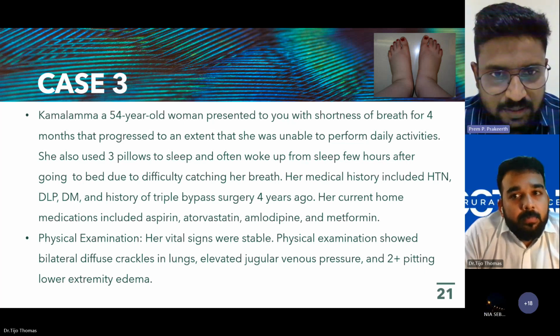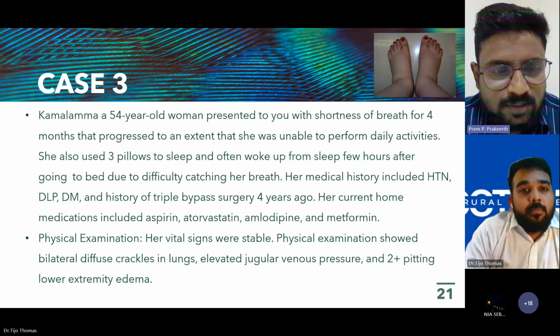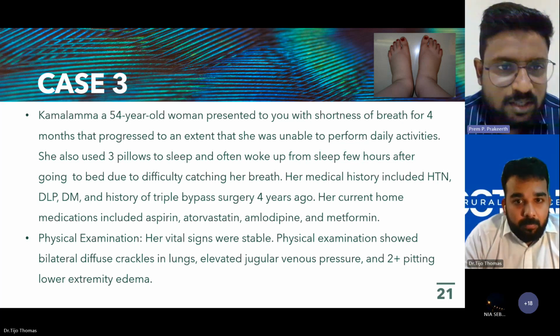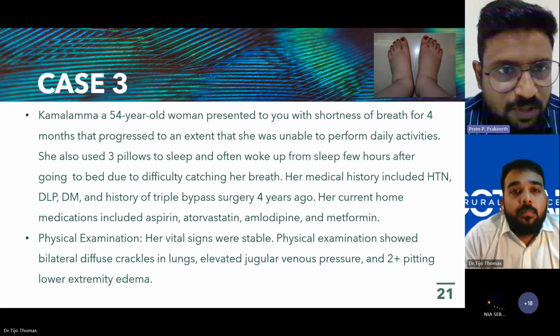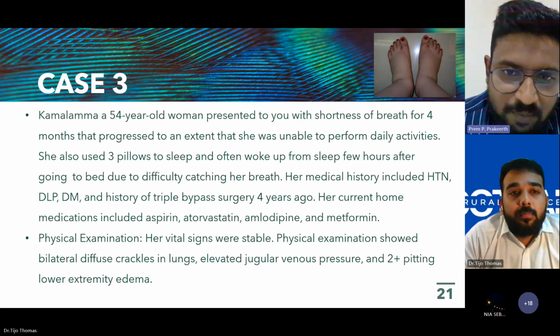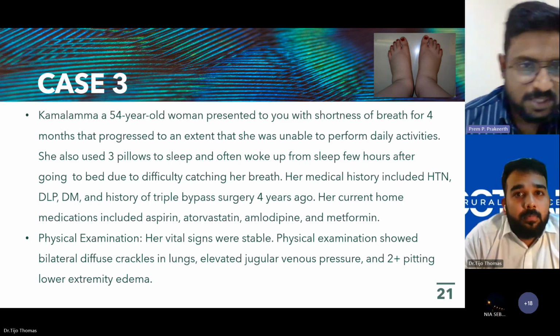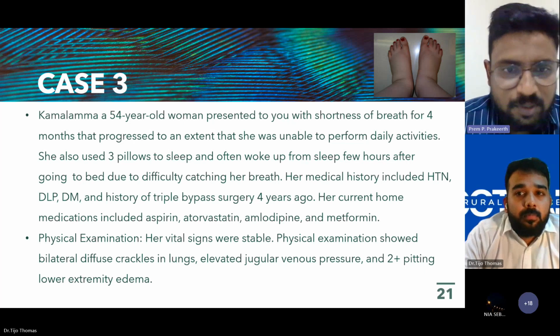Yeah, definitely. Very good. So the points favoring a cardiac cause of breathlessness here are she's elderly, 54 years old. She's having multiple comorbidities: hypertension, diabetes, dyslipidemia, history of triple bypass surgery.